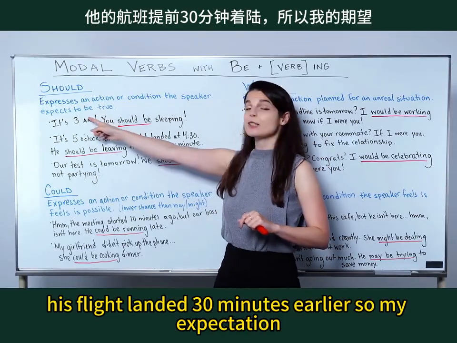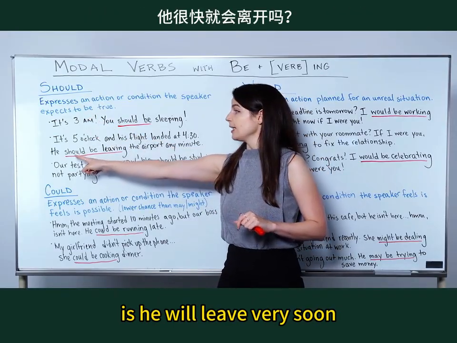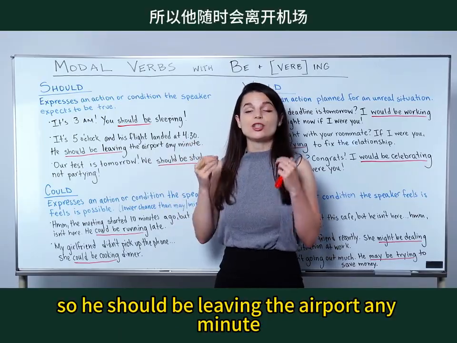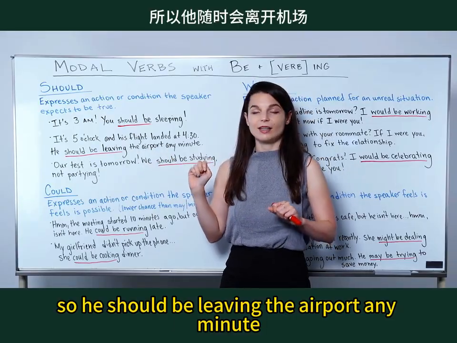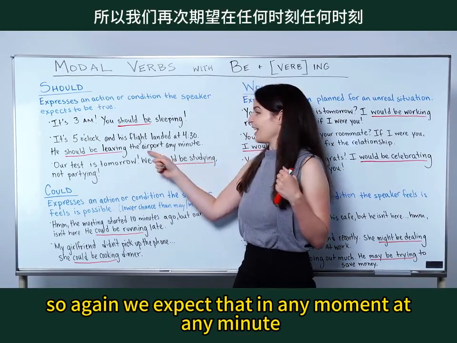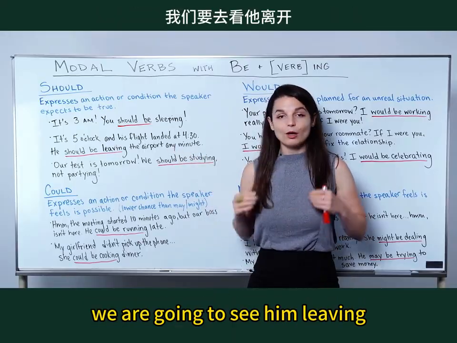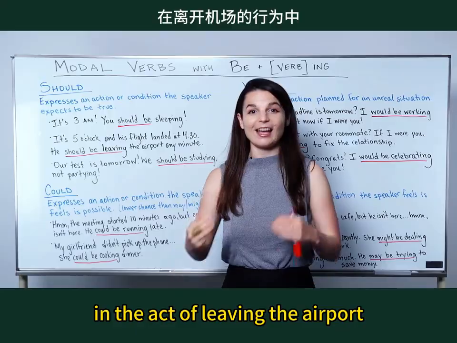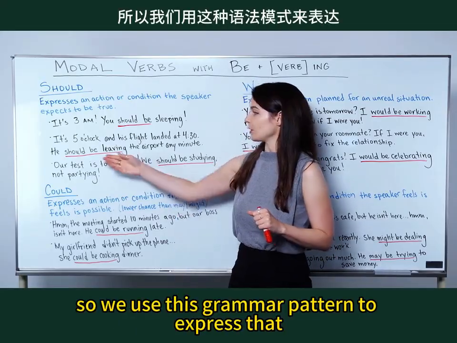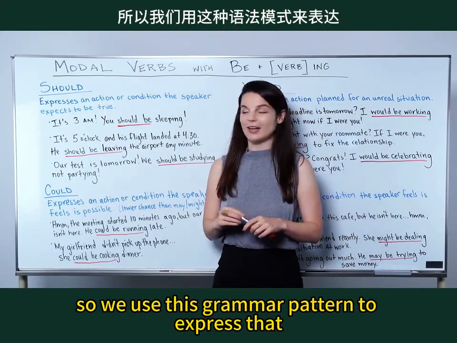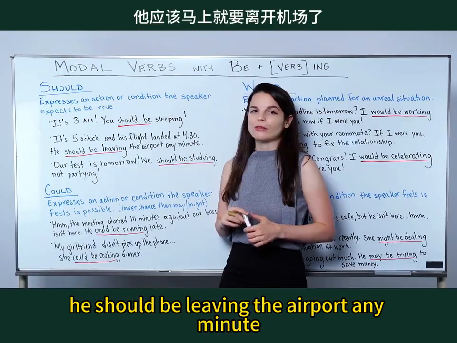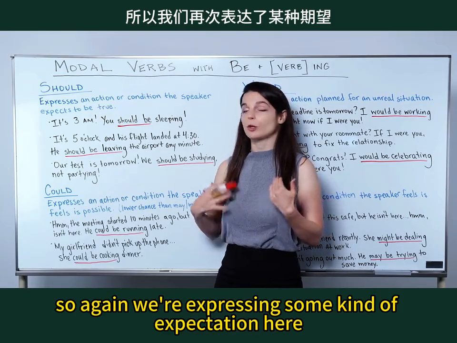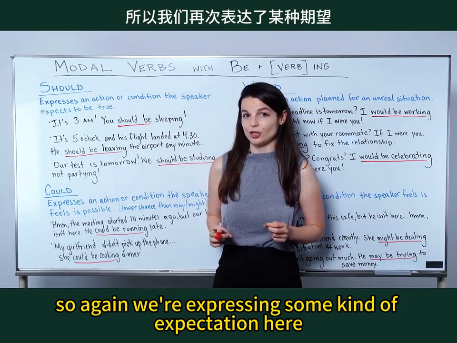So my expectation is he will leave very soon. So he should be leaving the airport any minute. So again, we expect that at any minute, we are going to see him in the act of leaving the airport. So we use this grammar pattern to express that. So again, we're expressing some kind of expectation here.